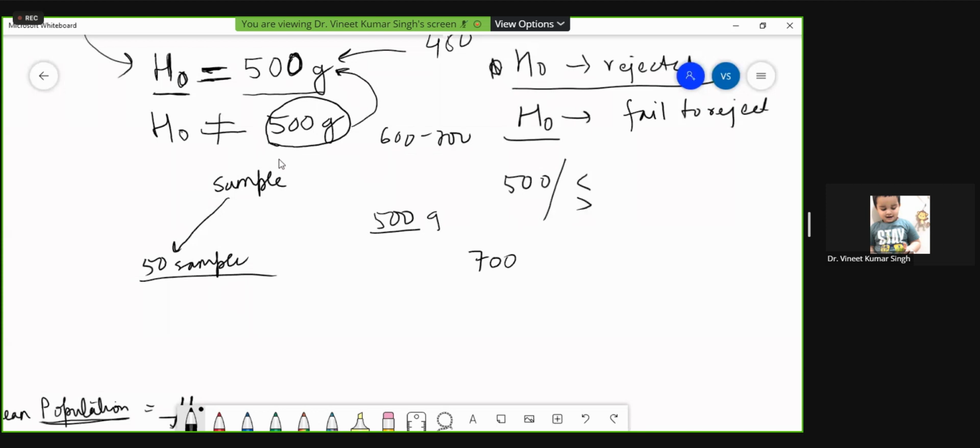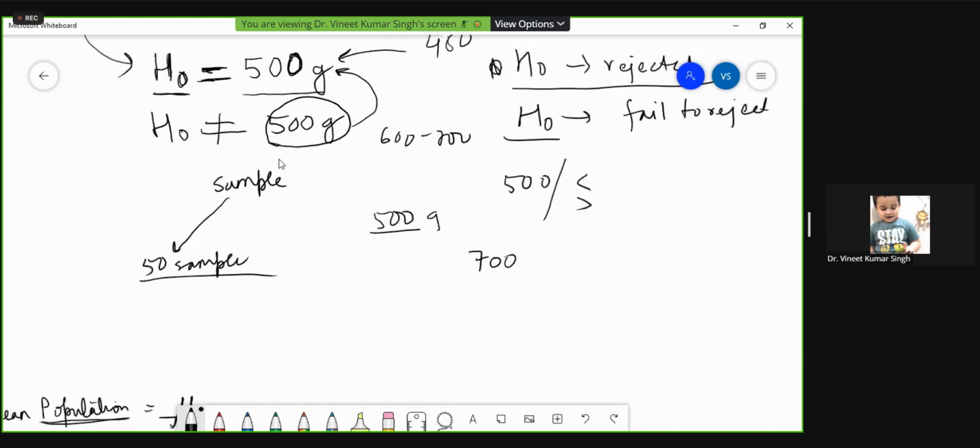We can't, because it is near to 500. Okay. So for this, we perform tests. We perform test, and that test is known as test statistics.